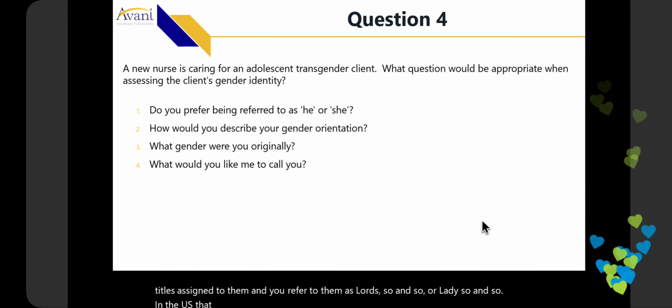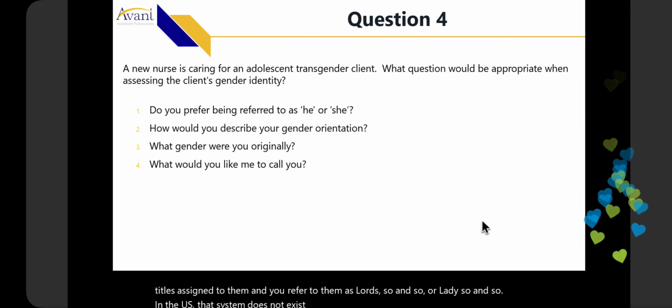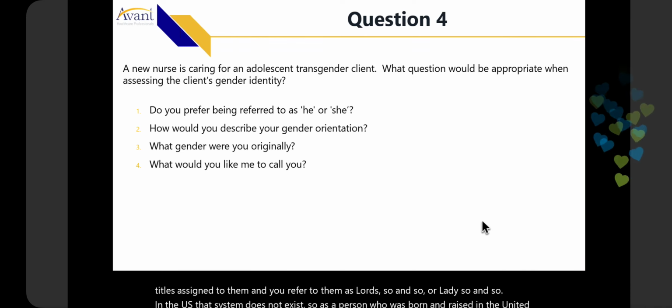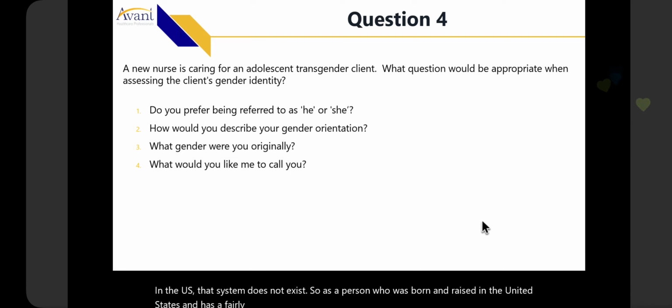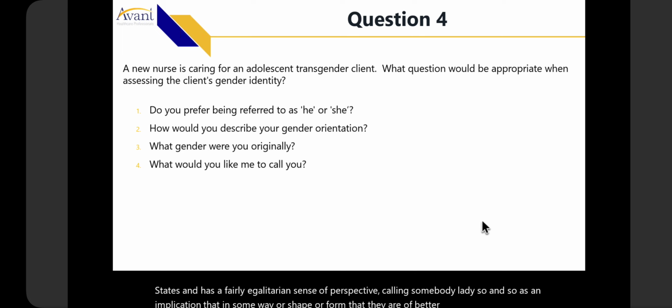In the US, that system does not exist. So as a person who was born and raised in the United States and has a fairly egalitarian sense of perspective, calling somebody Lady so-and-so, as an implication that in some way or shape or form they are of better stock than I or a higher class than I, is a little bit anathema, right?